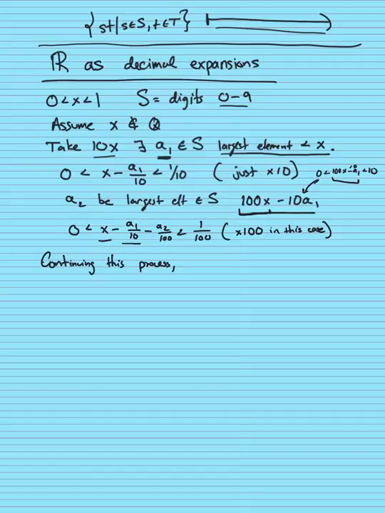This process, we get a sequence, which is a1 over 10 plus a2 over 100.